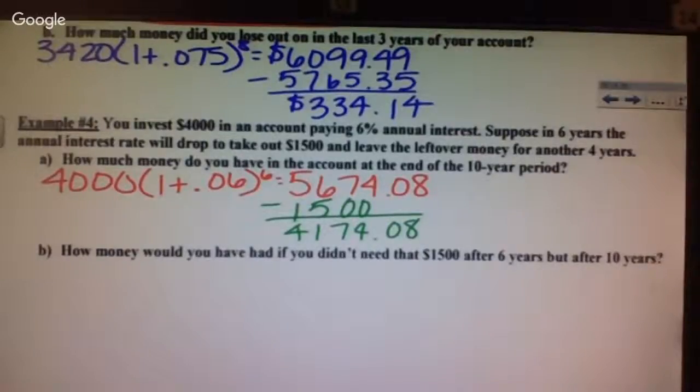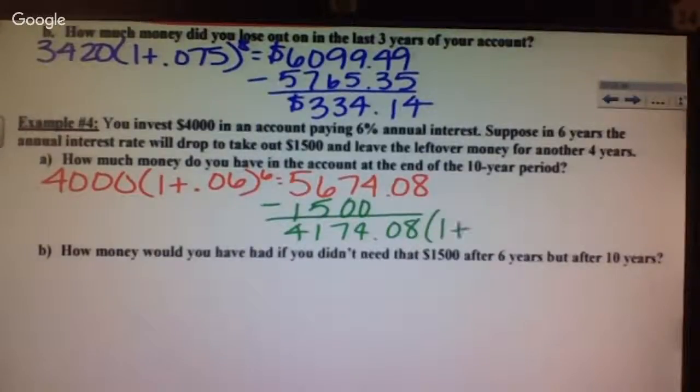So they wiped you out. The leftover money that you had, you're putting in for what? 4 more years. Is your interest rate changing?